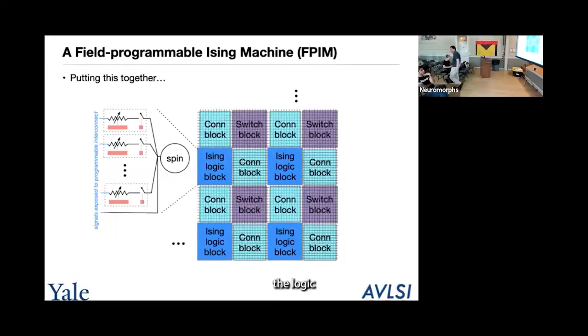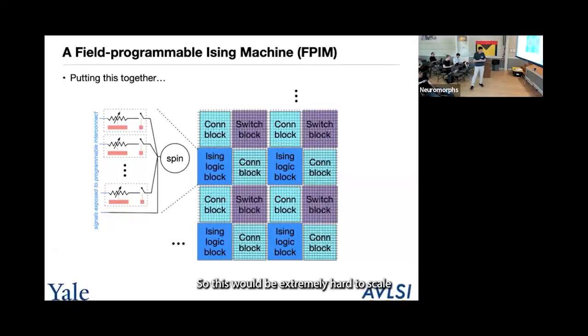Is it a logic block or an analog logic block? I call it an Ising logic block to be agnostic. I'm using the FPGA terminology. I can see how this works as a digital system, but once it's analog, that would be very hard to scale. Excellent question.